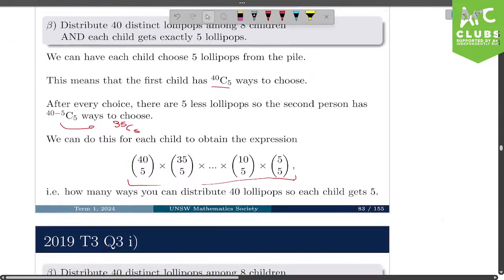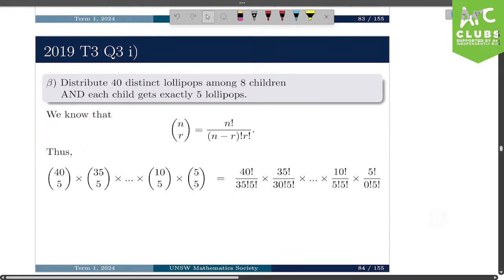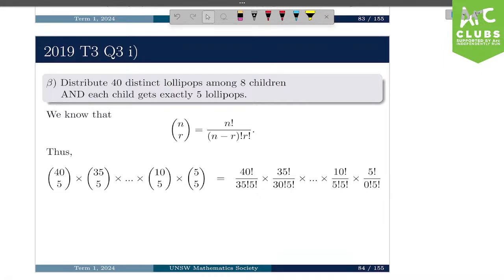What we can do further with this is, we know the formula for n choose r is n factorial on n minus r factorial times r factorial. So we can just use this formula to simplify it even further.